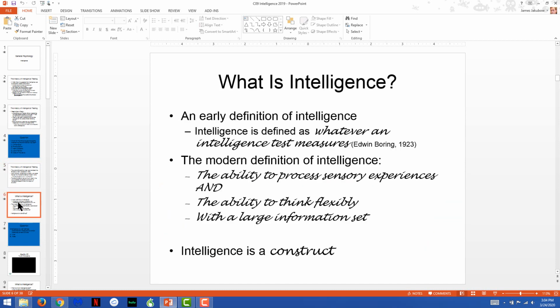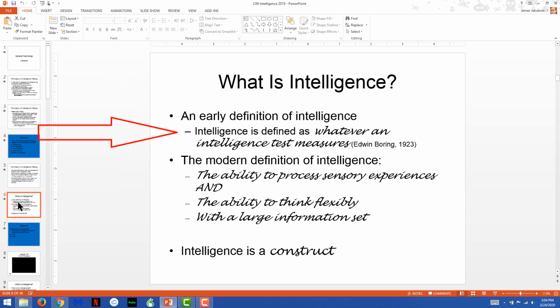Now, when you take a look at the early definition of intelligence, intelligence tests get started in 1916. And here you'll see a quote from one of the earliest definitions of intelligence that have been used actually clear up to today. And that is, intelligence is defined as whatever an intelligence test measures.